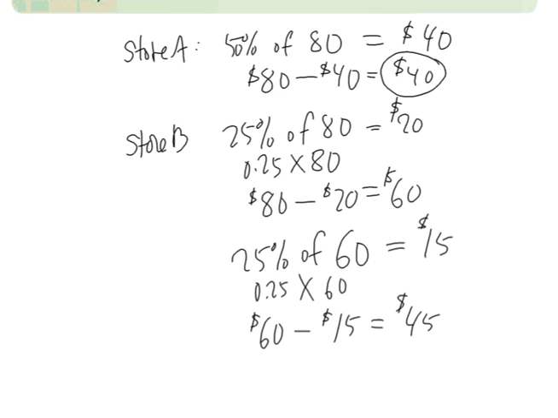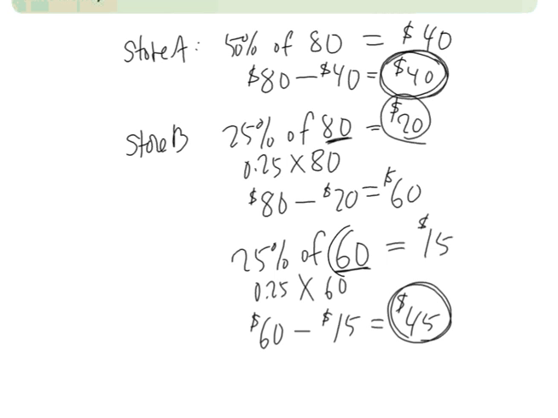All right? Now up here, the cost of that item with a 50% discount was $40, and the cost of that $80 item after 2 discounts of 25% ended up being $5 more. Well, why did that happen? Well, because the 25% of $80 gave us this number. But the second discount was 25% of 60, which is not going to be the same as 25% of 80.